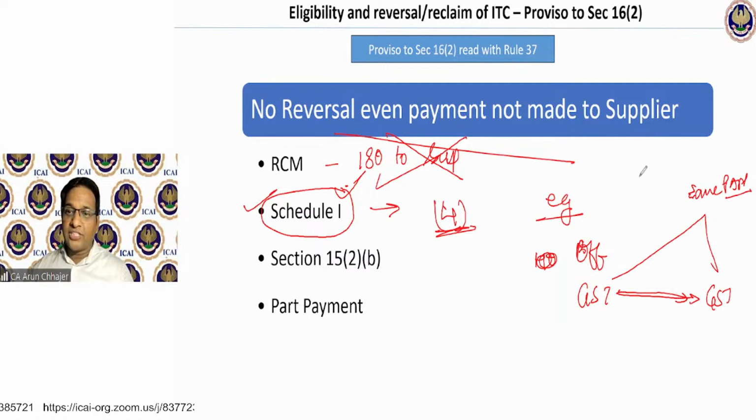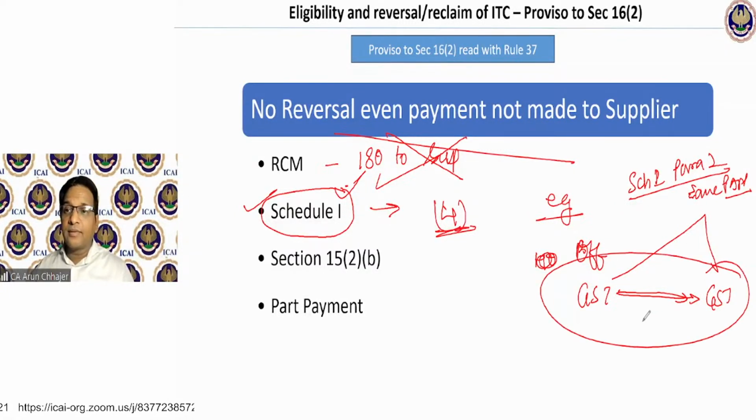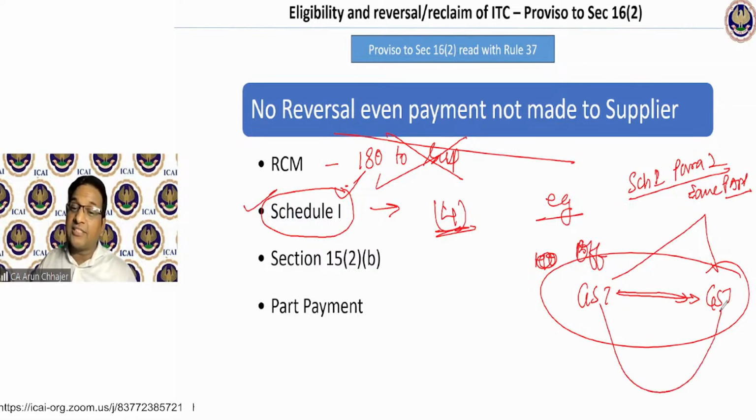Schedule 1, para 2 says any supply between related persons or distinct persons will be considered a supply even without consideration. So this stock transfer has become taxable by virtue of this para. But even if the branch is not making the payment to the other GST number, it can continue to avail the ITC, because for Schedule 1 no reversal will be applicable.